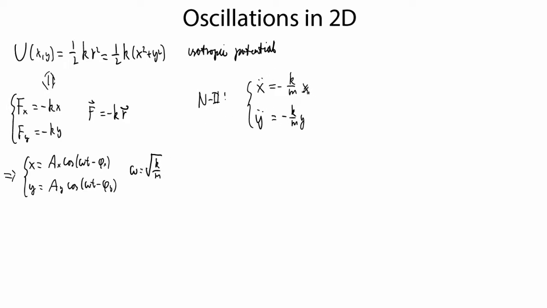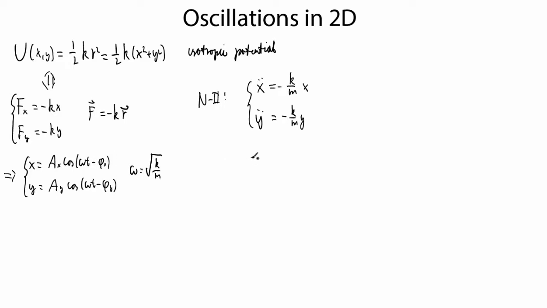So we have 2 independent equations over here, and that gives us the 2 independent, completely decoupled solutions in x and in y. Now, when we do this, we are choosing phi of x and phi of y any way we like. Those are the 2 phase angles. But by choosing the origin of time, we can pick one of them to be 0.